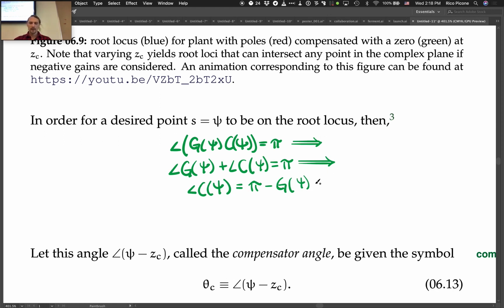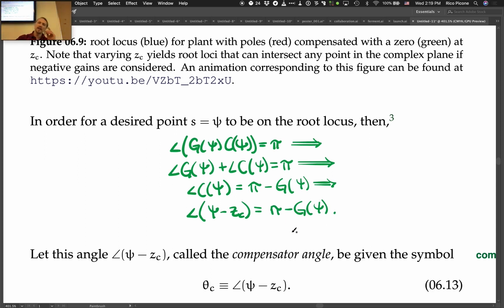And if we look at what is the angle contribution of the compensator, it's just going to be the angle contribution of the 0, right? Psi minus ZC, the 0 contribution, equals pi minus the angle of G of psi. So we call this angle the compensator angle.